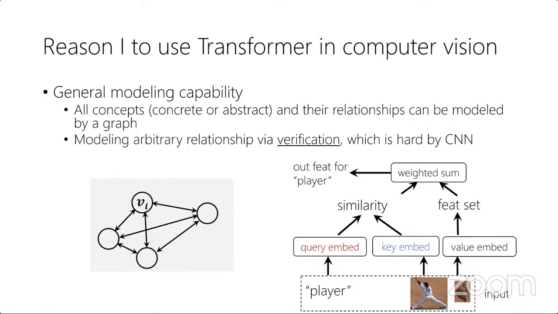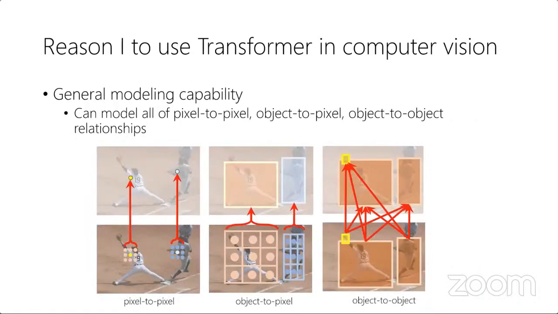Please see the right illustration. Thanks to the verification philosophy, transformers can process image patches of different scales and even process multi-modal data such as text and images. This general capability enables transformers to model all kinds of relationships in computer vision, such as pixel-to-pixel, object-to-pixel, and object-to-object relationships, which cover almost all vision applications.